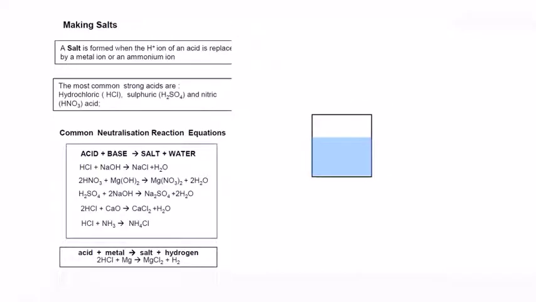Using a spatula, we add a small quantity of the metal in the beginning. When we add the metal, we observe the solid dissolve and bubbles or fizz. The solid dissolves because the metal is reacting, and the bubbles are due to the presence of hydrogen.